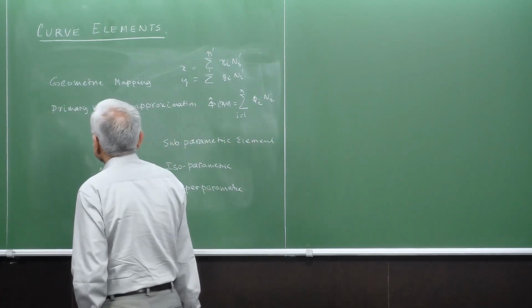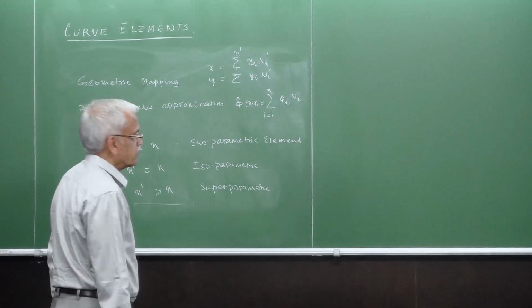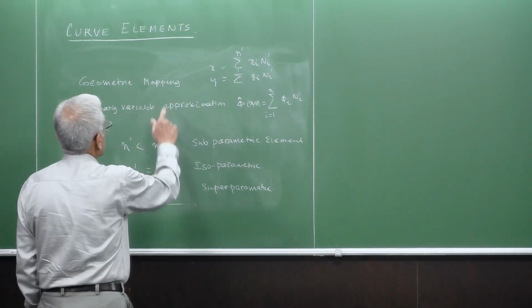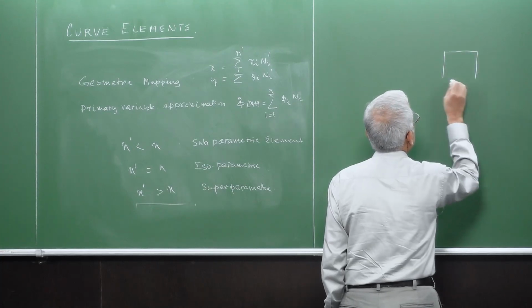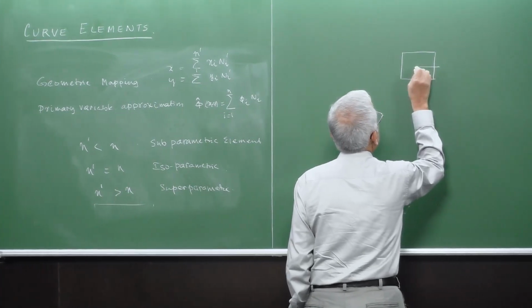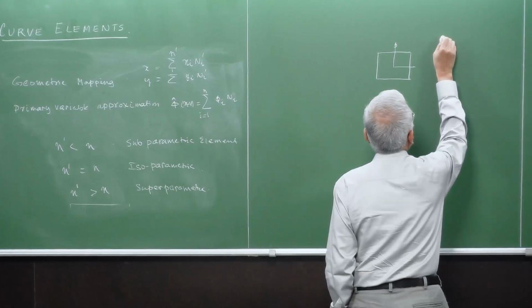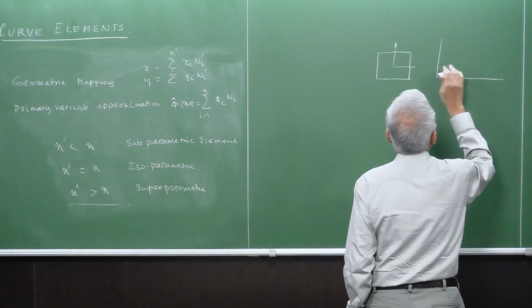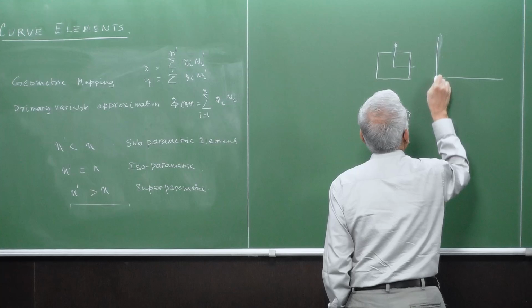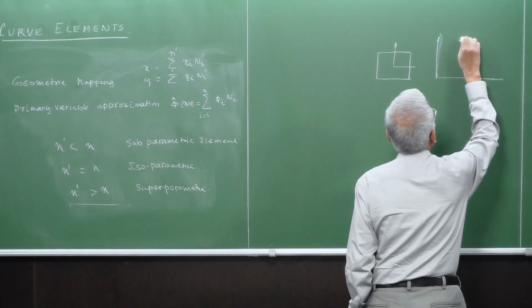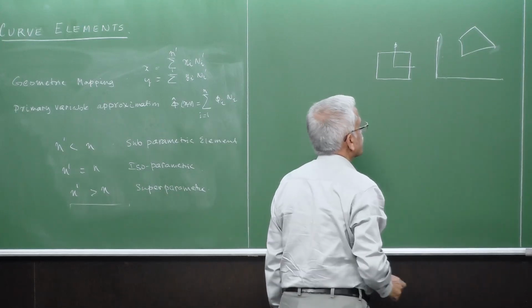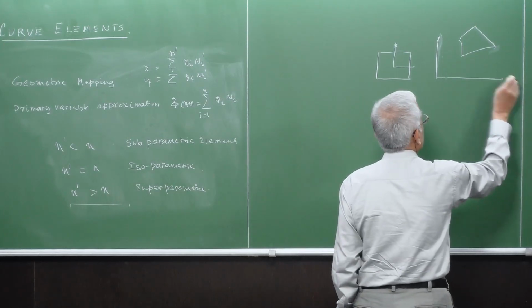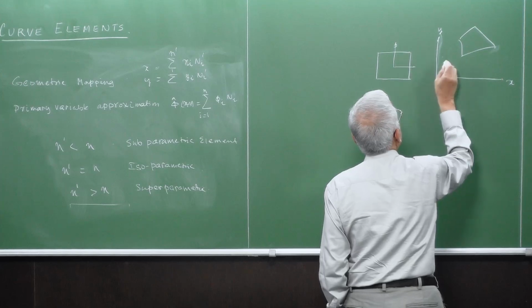There are two sets of shape functions which we use. For example, for geometric mapping, where we use... so this is the one which we depicted.